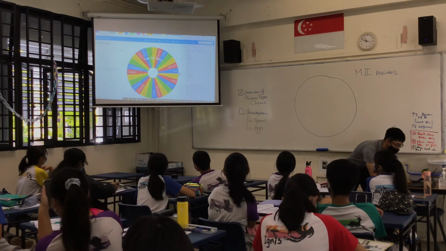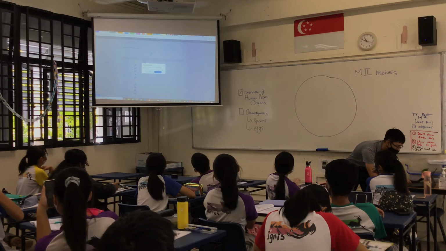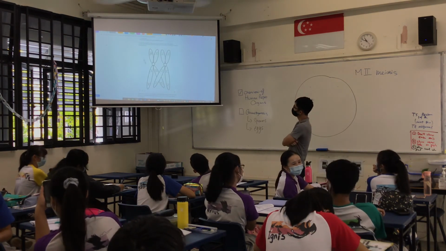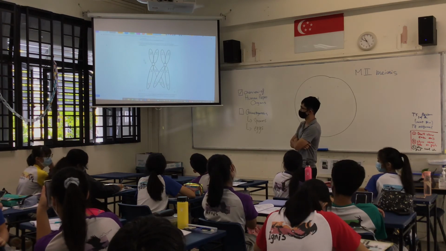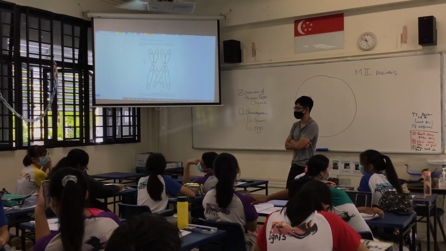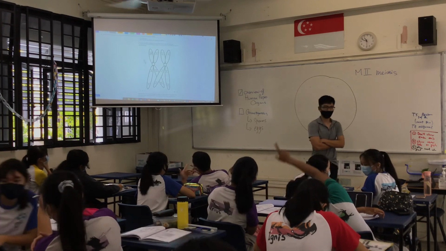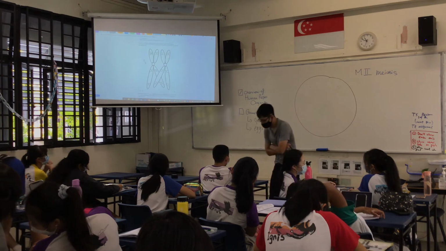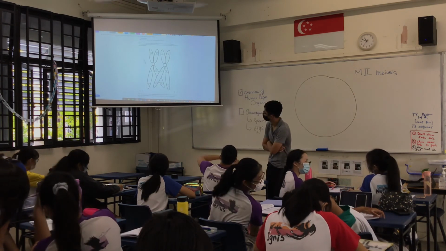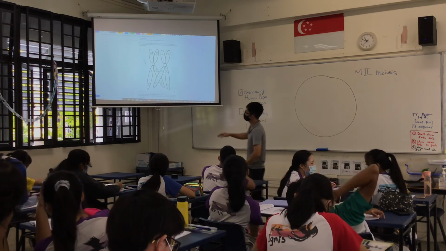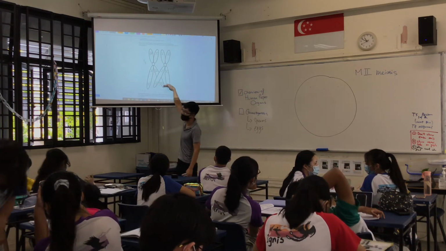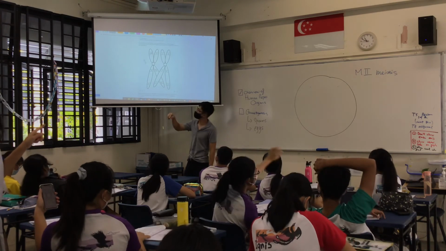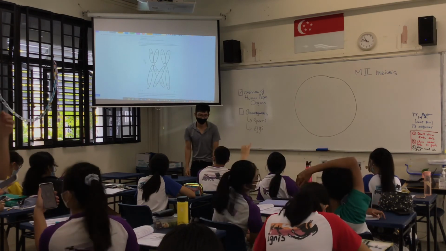Okay, the chromosomes are here. This is during prophase 1. So what will it look like at metaphase 2? Those are just the locations of the genes.